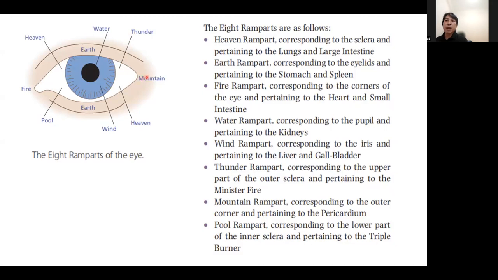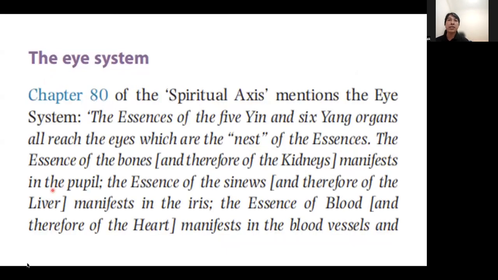Mountain rampart, corresponding to the outer corner and pertaining to the pericardium. Last, marsh rampart, corresponding to the lower part of the inner sclera and pertaining to the triple burner. And that is the 8 ramparts of the eye.